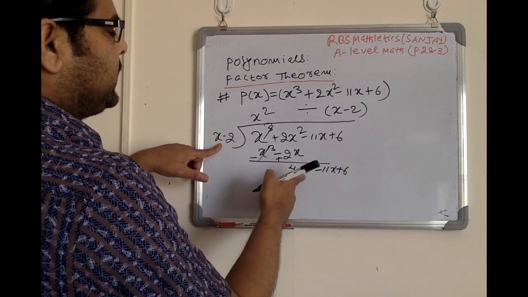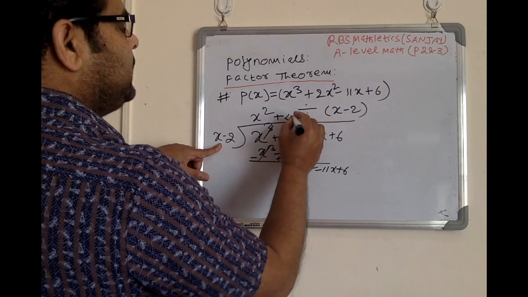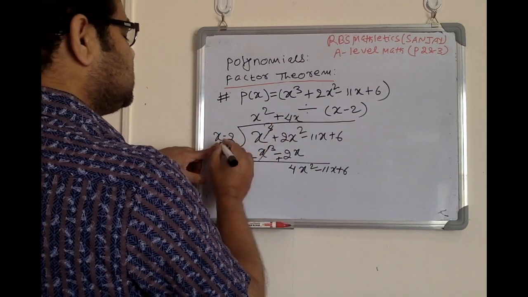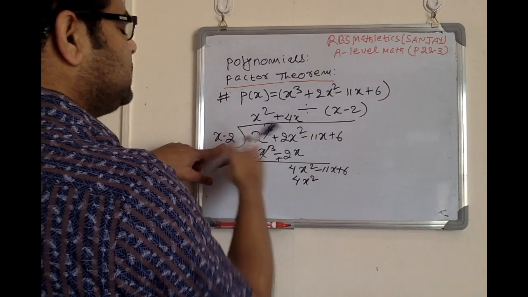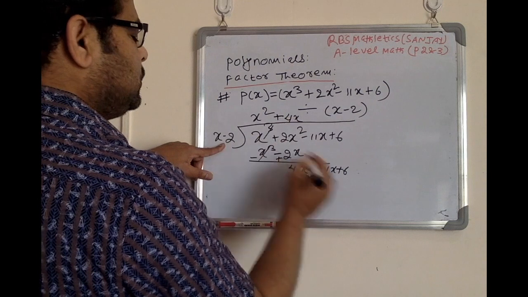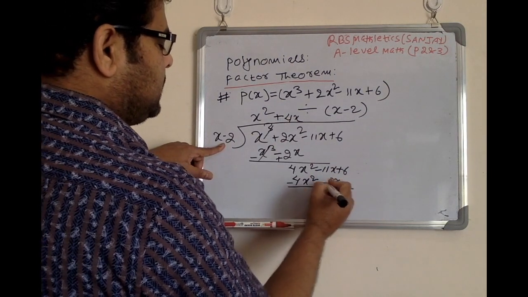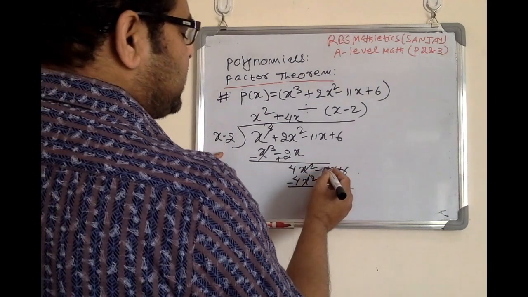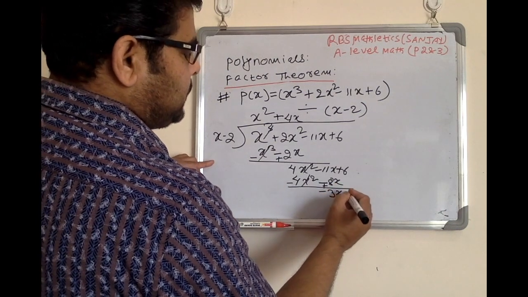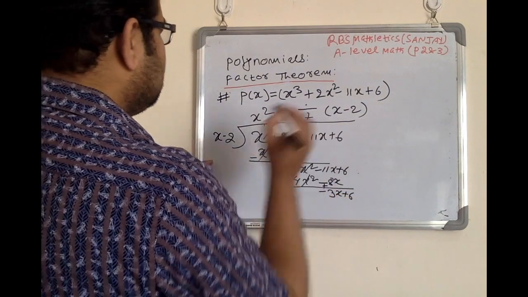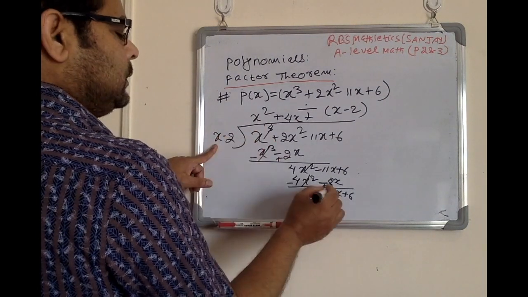Now for 4x squared, we apply 4x. 4x times x is 4x squared, and 4x times minus 2 is minus 8x. These two terms cancel out, and minus 11 plus 8 is negative 3x plus 6. Now the next number to divide by is minus 3.